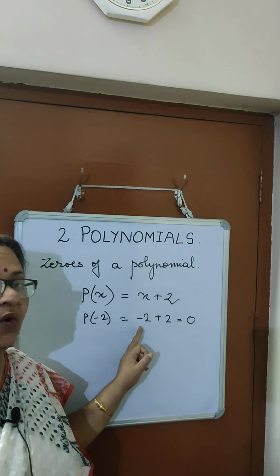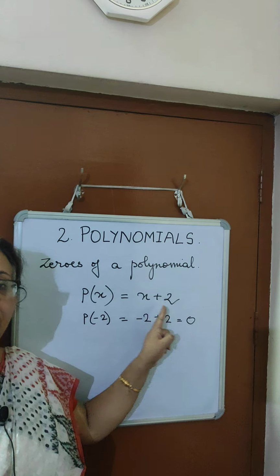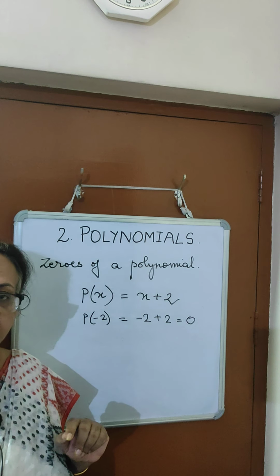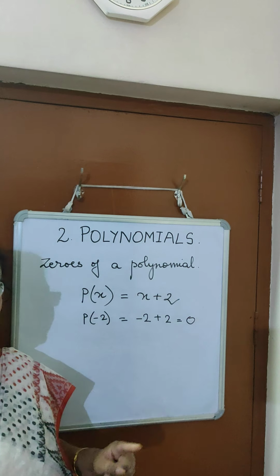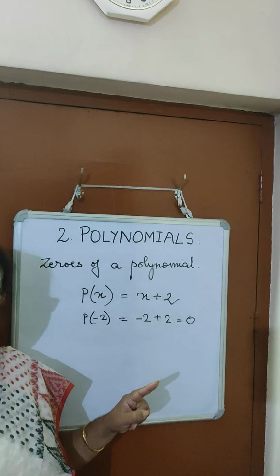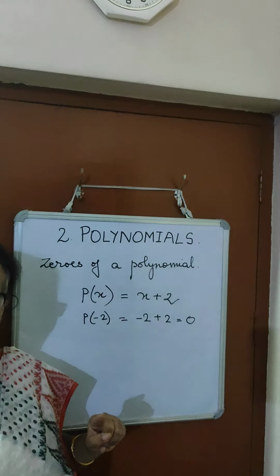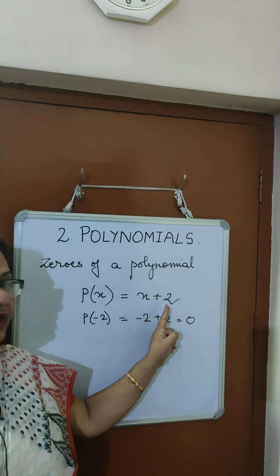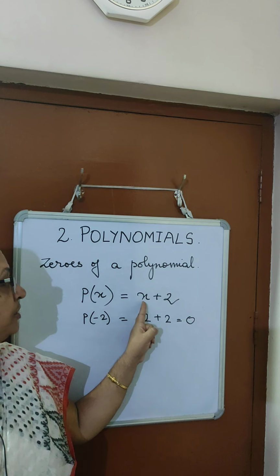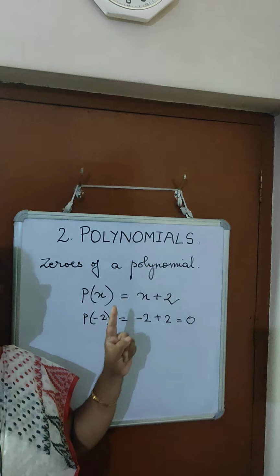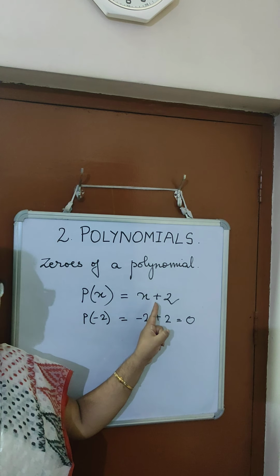That value of x for which the value of the polynomial becomes 0. 0 of a polynomial is that value of the variable, here it is x, for which the value of the polynomial becomes 0. Here, if I put minus 2, minus 2 plus 2 is 0, therefore, minus 2 is a 0 of the polynomial.